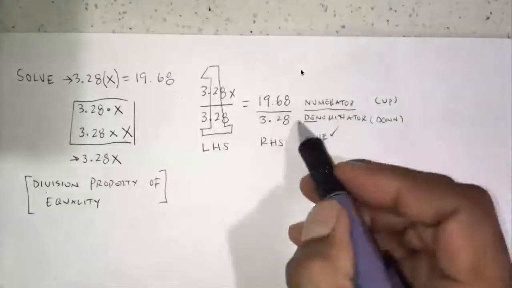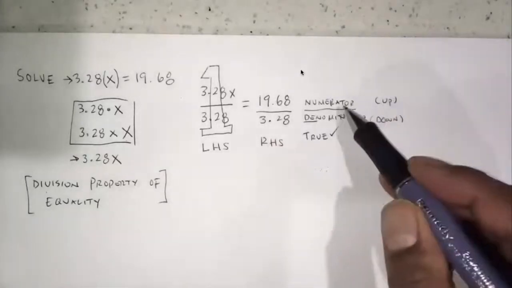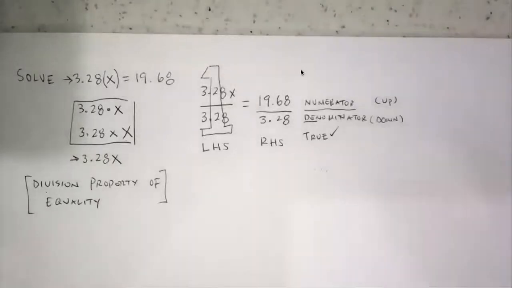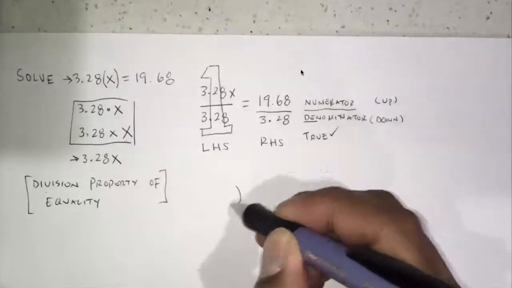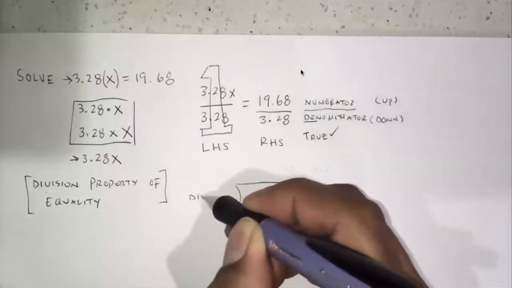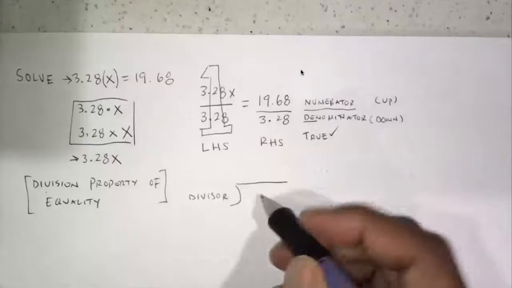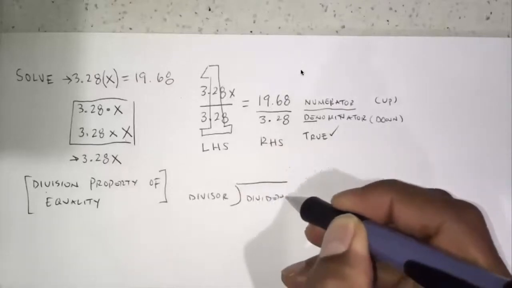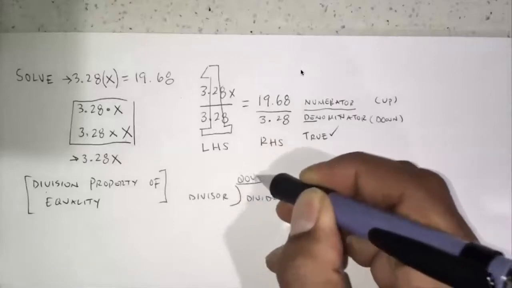The top number, the bottom number: numerator, denominator. They also use other names, especially since we're going to be setting up our division house. The number on the outside is called your divisor. The number on the inside is called your dividend. And your answer is your quotient.